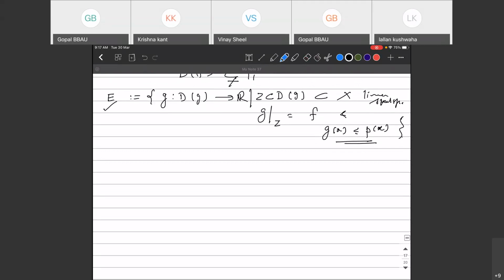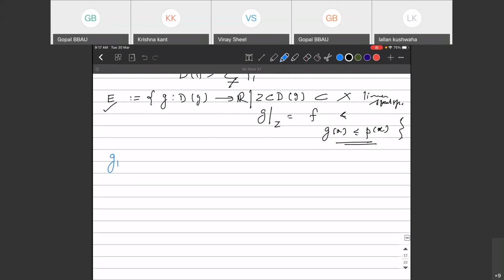We will prove this by showing that, given x, G1 x is less than or equal to p x.